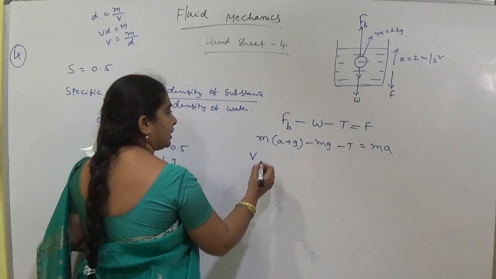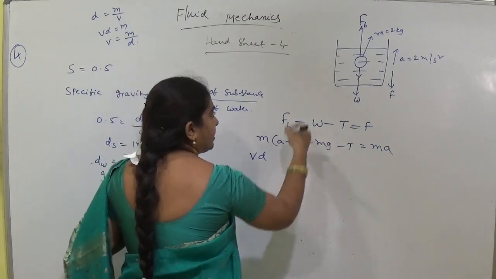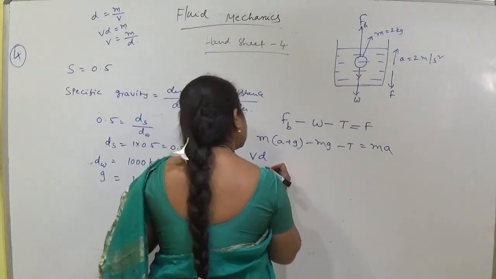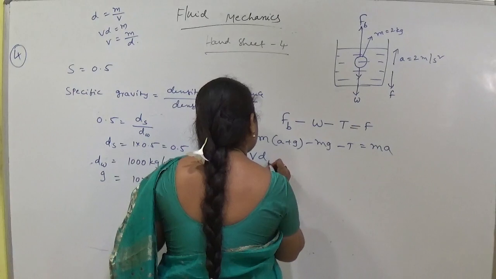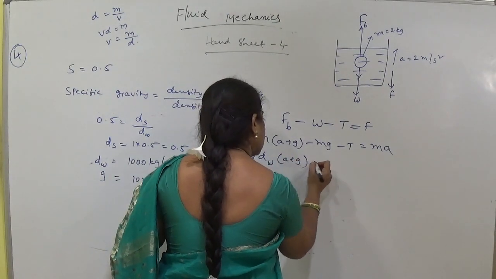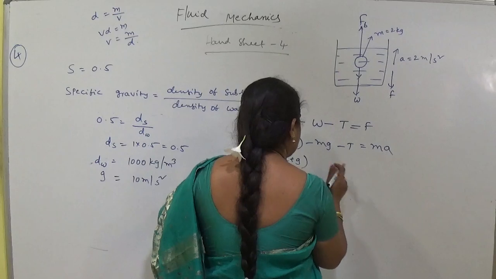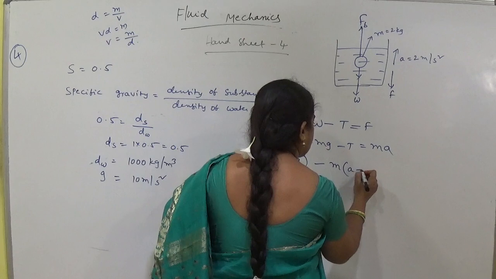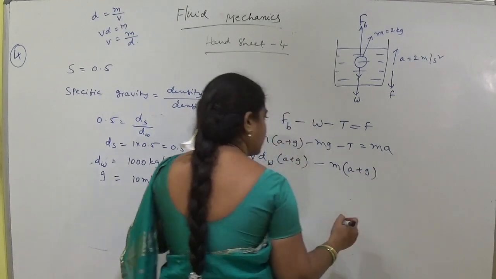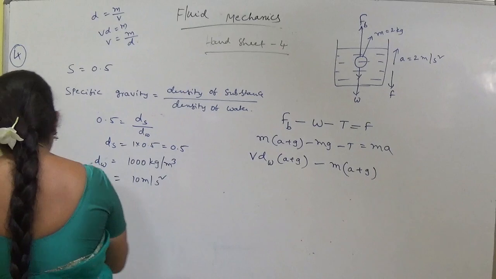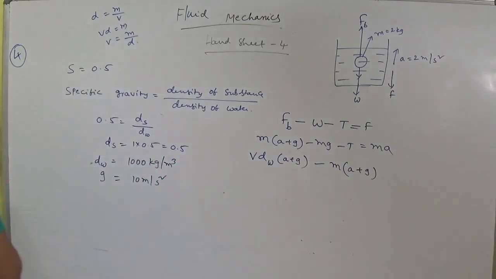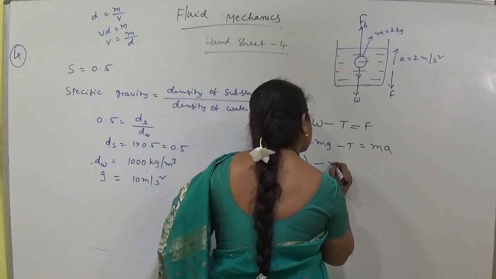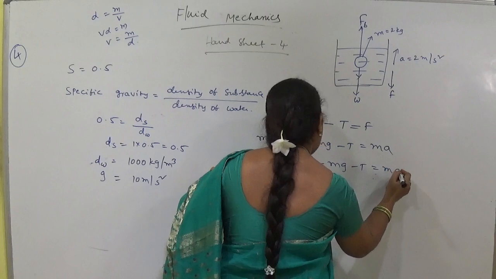The FB force is in the upward direction. So the density of the liquid times V into A plus G, minus Mg minus T is equal to Ma.